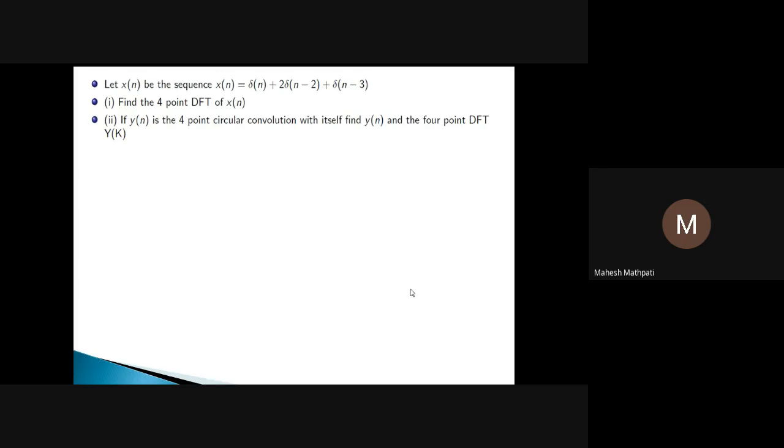And second point, if y of n is the 4-point circular convolution with itself, find y of n and the 4-point DFT y of k.